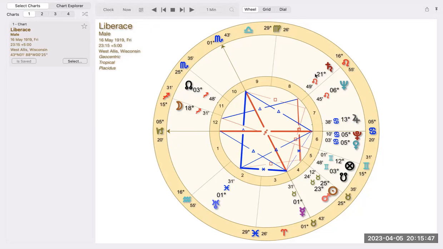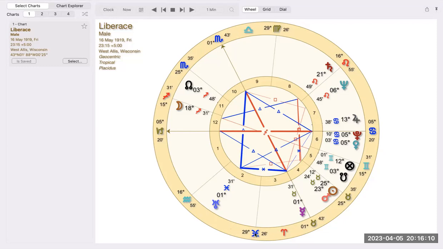And that's literally all we're going to do. We're just going to go around the chart and do that. Okay, so his second house cusp is Aquarius, which is also ruled by Saturn, which is sitting in the 8th house.